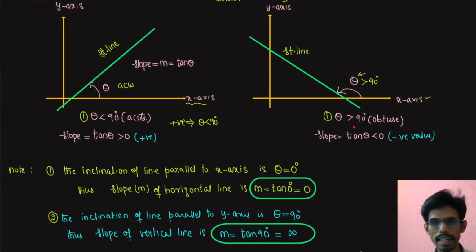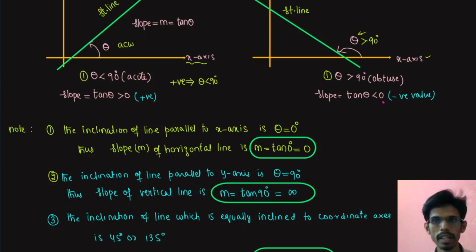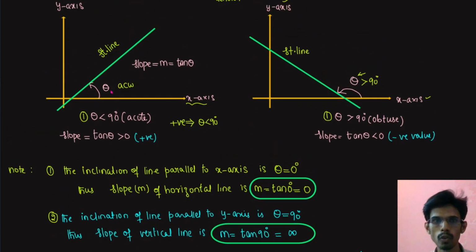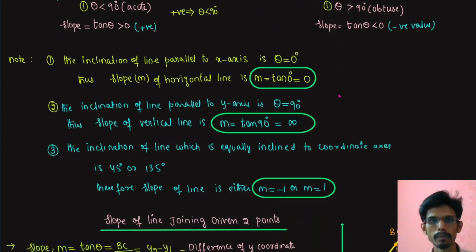Whenever the angle is greater than 90, the tan value will be less than 0, so we will get a negative value. So negative slope indicates that the angle made by the straight line is more than 90 degree. Okay, this is the concept of positive slope and negative slope. Positive slope means the angle made by the line is less than 90. If the slope is negative, it means that the angle made by the straight line will be more than 90 degree.